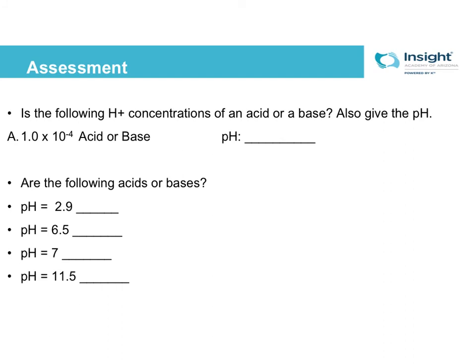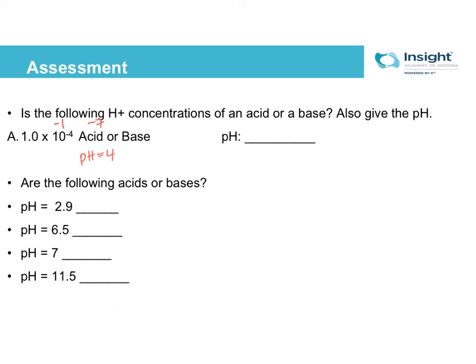So practice your classifications here. All right, the first one is just using a concentration. We've got 1 times 10 to the negative 4th. If you plug that into your pH equation, we know that this is going to have a pH of 4. Or you can just remember that that exponent is between negative 1 and negative 7.